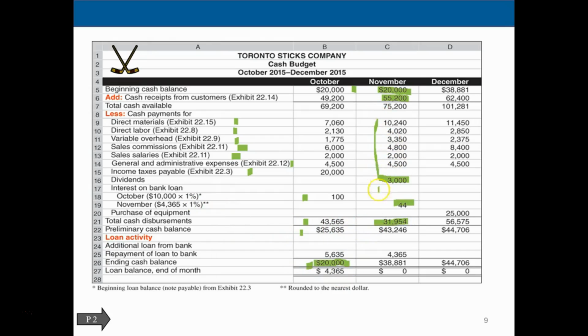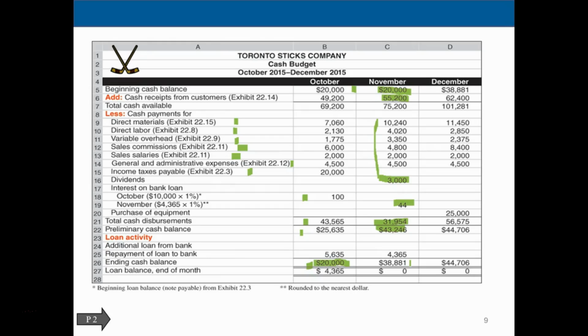Our balance minus the disbursements means that now we're at $43,246, which is far above the $20,000 minimum balance that we want. Therefore, we're at $38,800 after we pay off the loan. So we're going to pay off the loan, then we're at $38,881, and we're far above the 20 now. So that's fine. We're in a place that we feel comfortable.